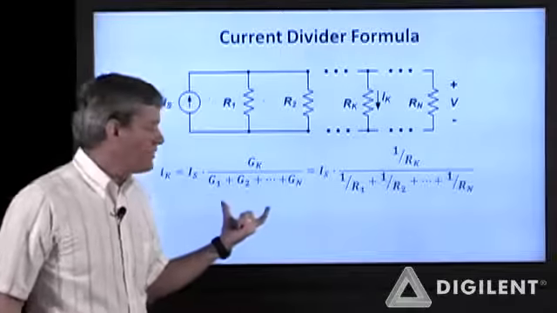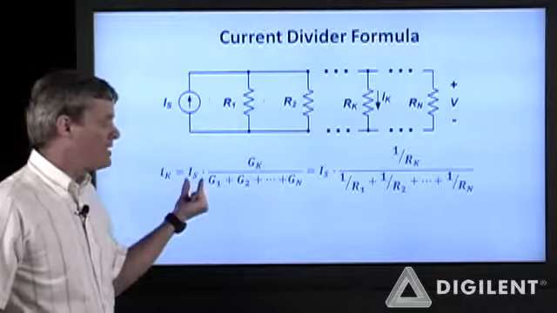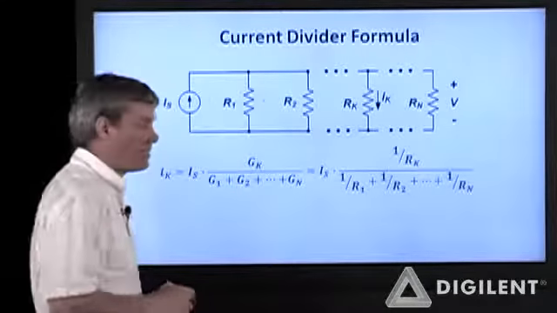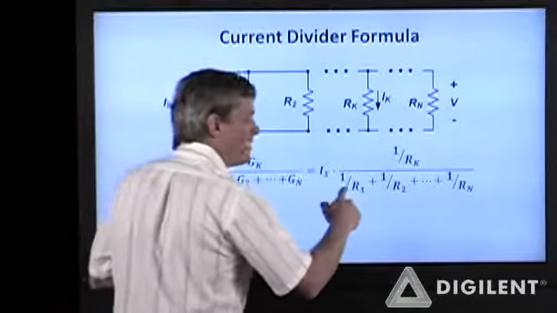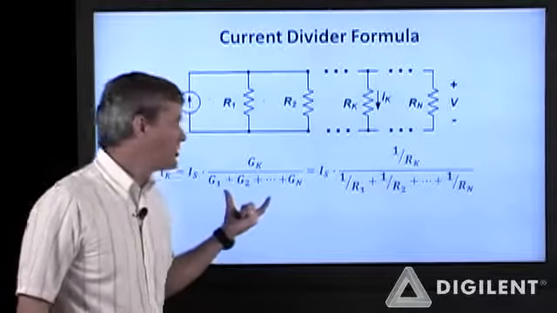That's probably better expressed in terms of conductances. I sub K is also I sub S times the conductance of the kth resistor divided by the sum of the conductances of all the resistors in the parallel combination.